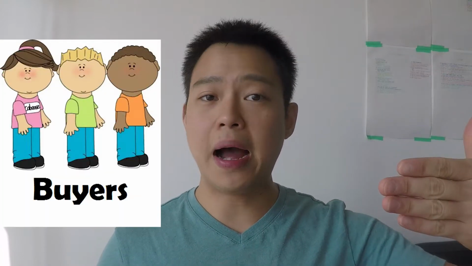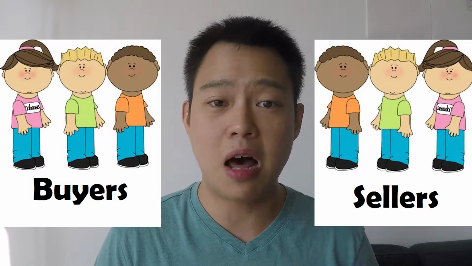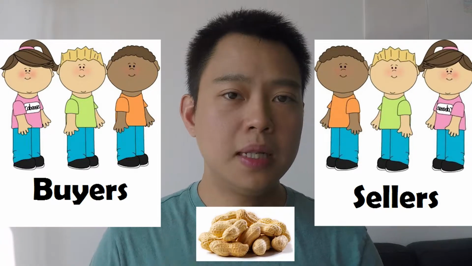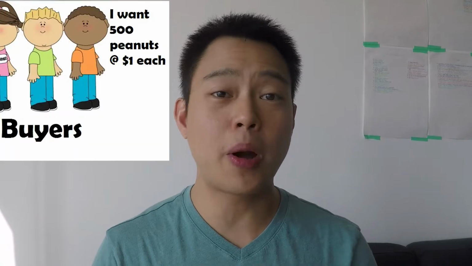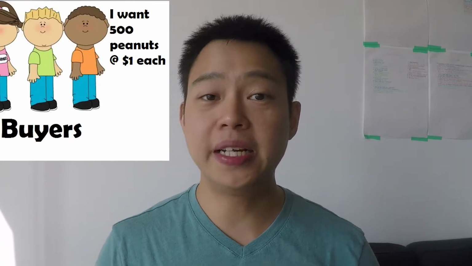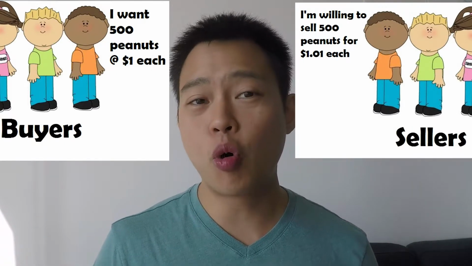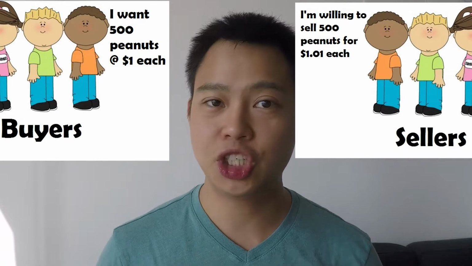Before we even get into the order types, we're going to describe the marketplace a little bit in terms of buying and selling. So imagine that there's a line of buyers and a line of sellers for a specific product like peanuts. Let's say the first person in the buy line is looking to buy 500 peanuts for $1 each, while the first person in the sell line is willing to sell 500 peanuts for $1.01 each.